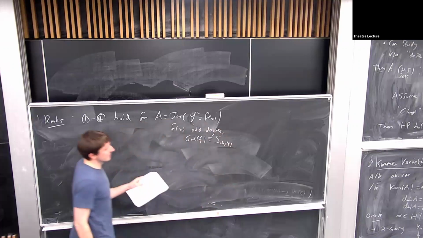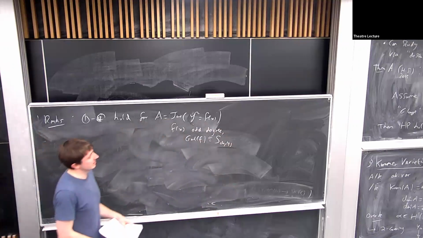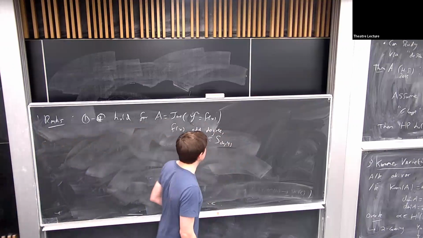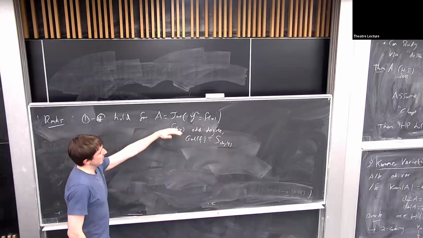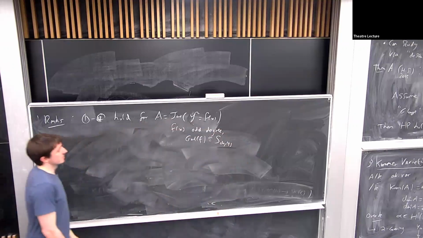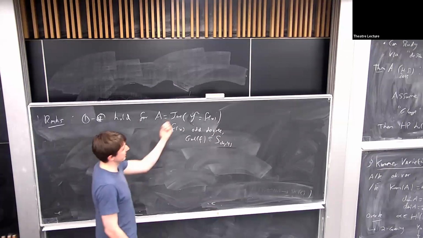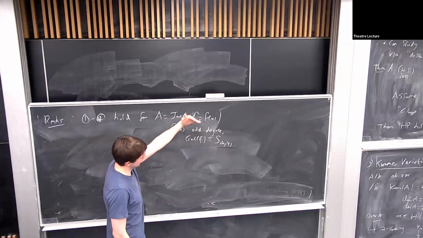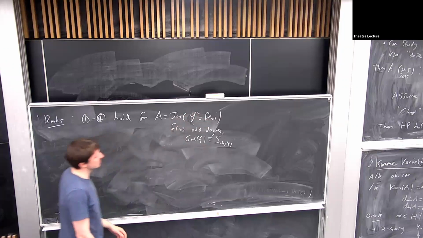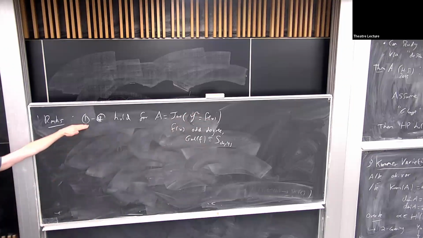So in one of the most interesting cases, where you're saying something about Kummer surfaces: if you have y squared equals a quintic, a genus 2 curve with a rational Weierstrass point, and the Galois group is as large as possible, then these assumptions will hold.